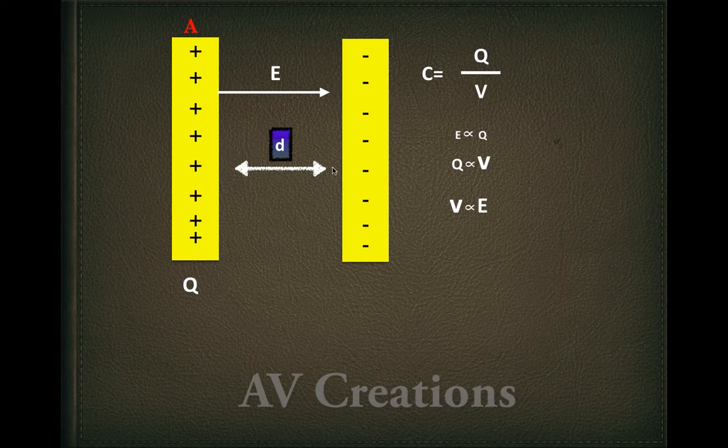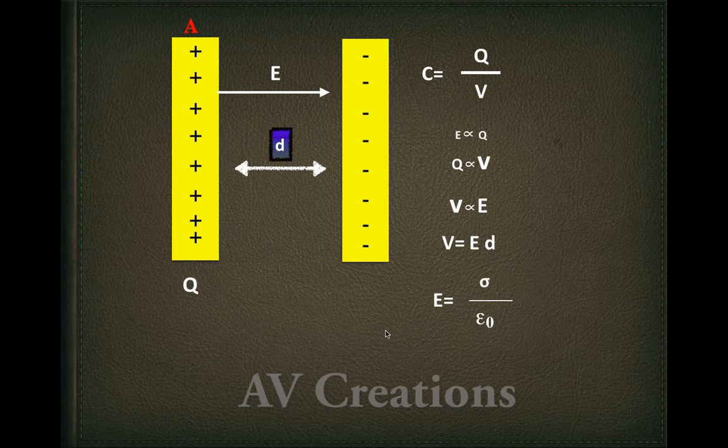Here the distance d between these two conductors is a constant, so V equals E into d.